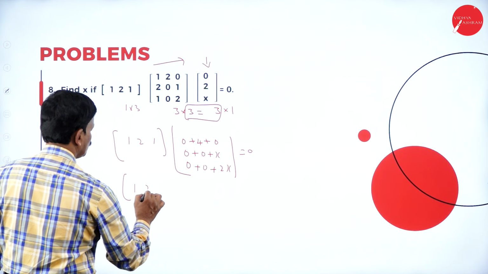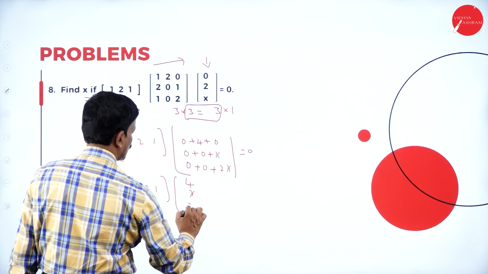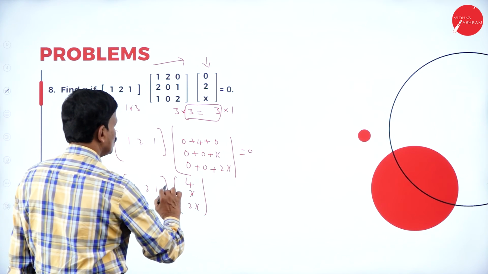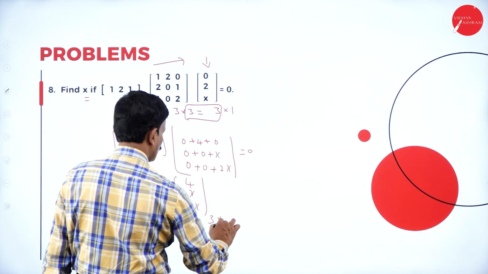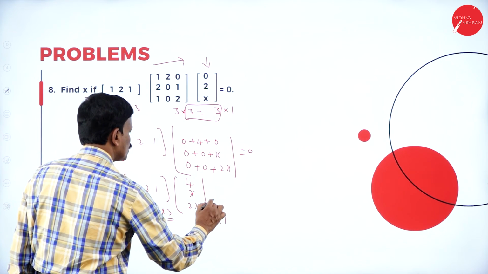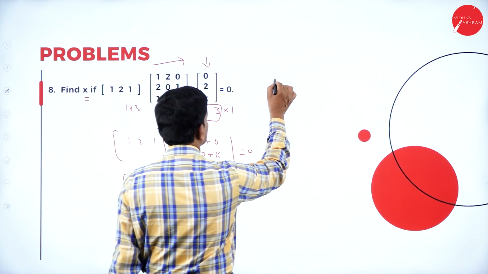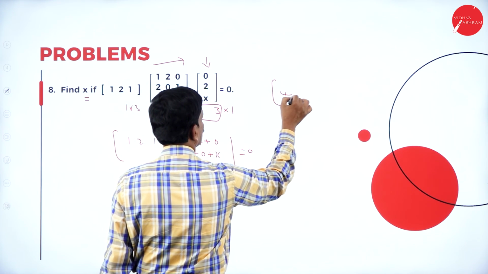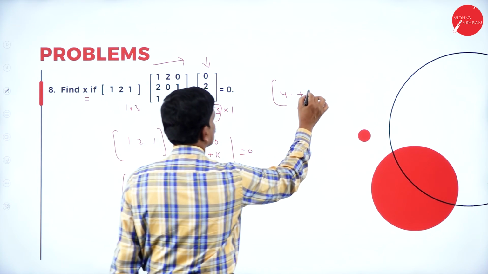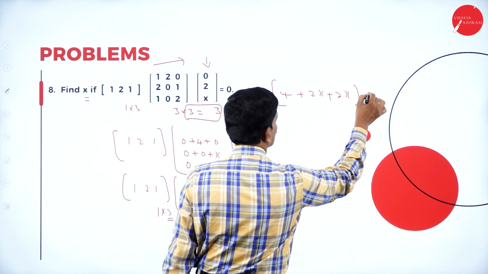That is [1 2 1] times what is this equal to? 4, x and 2x. Check the order: 3 rows and 1 column, and this is 1 row, 3 columns. These two are equal. You are going to get a matrix of order 1 into 1. Multiply it. That is 1 into 4 is 4, plus 2 into x is 2x, plus 1 into 2x is 2x, is equal to 0.